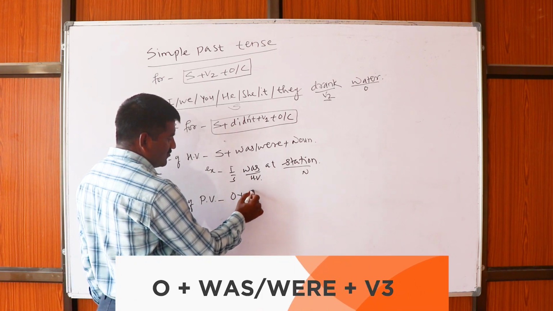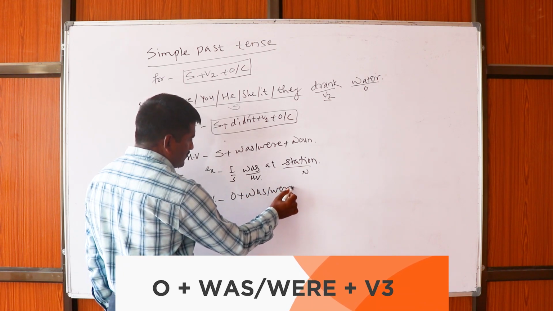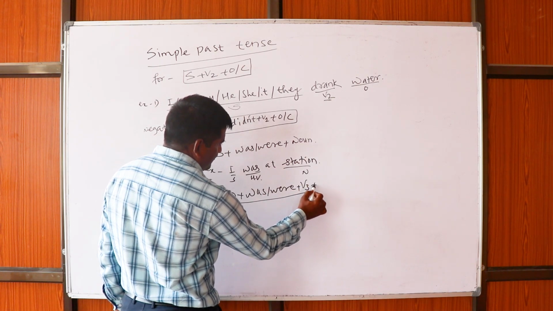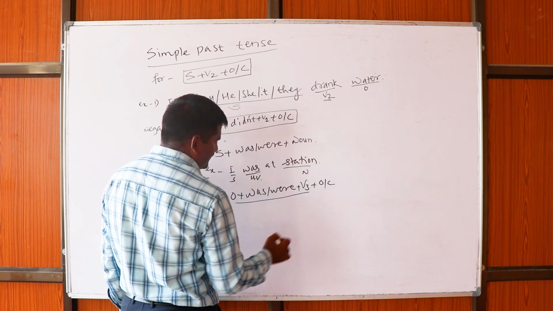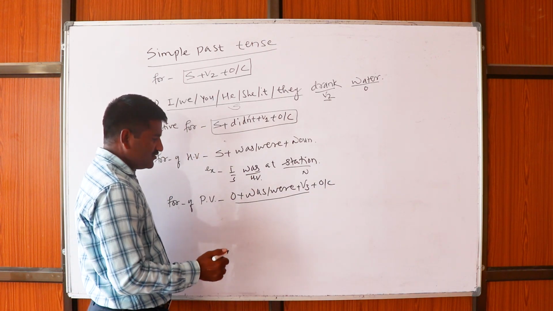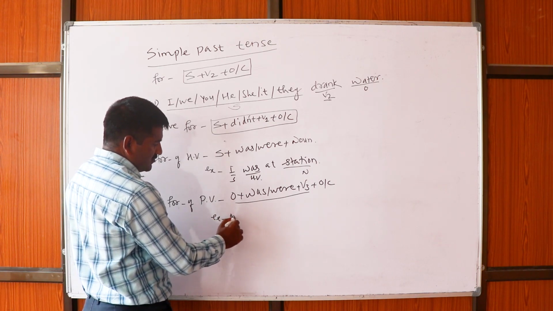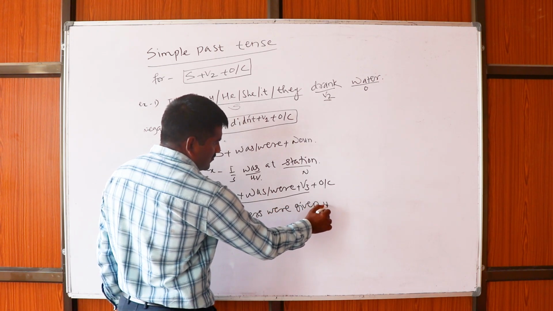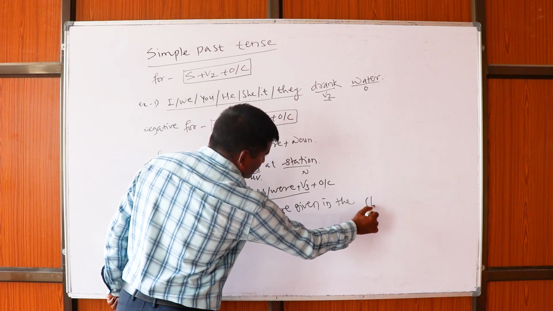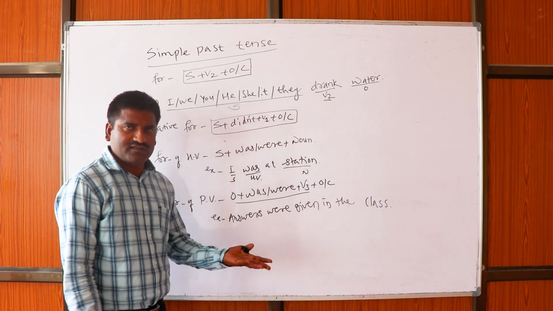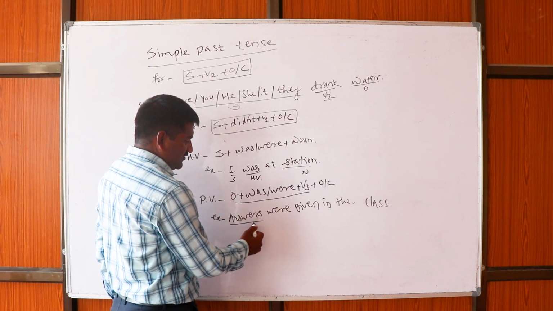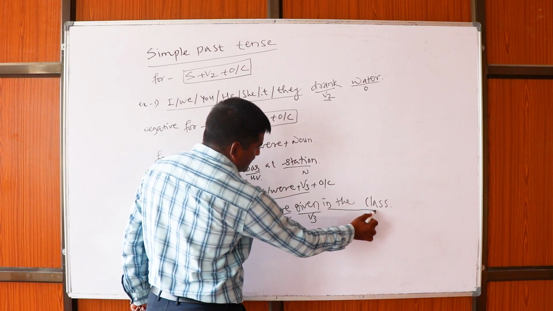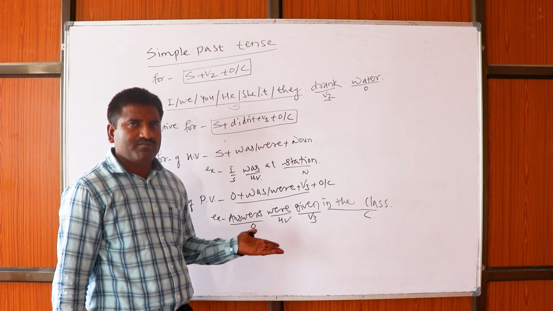That is O plus was/were plus V3, that is the formula of passive voice, O oblique C. Suppose, let me give you an example: answers were given in the class. Here answers is the object, were is the helping verb, given is the third form of the verb, and in the class is the complement. It is also an example of simple past.